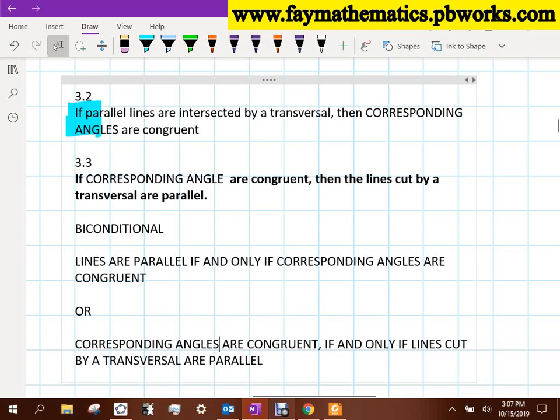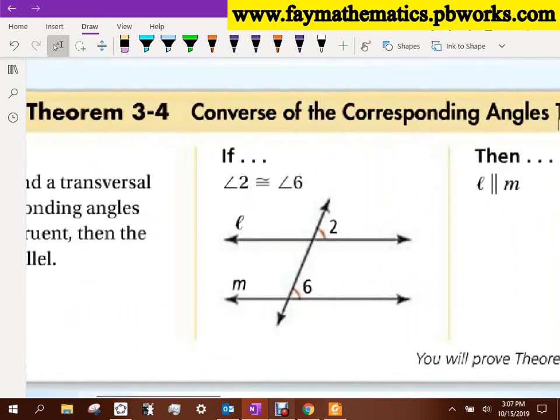So, if parallel lines are intersected by a transversal, then corresponding angles are congruent. That's what we learned in 3.2. You just wrote down in 3.3 that if corresponding angles are congruent, then the lines cut by a transversal are parallel. That's basically what you just wrote in that yellow box.